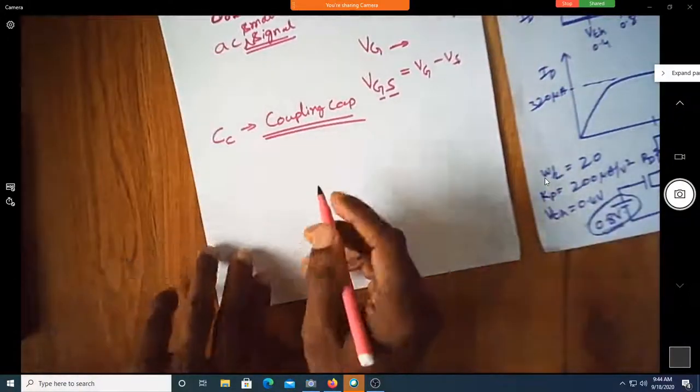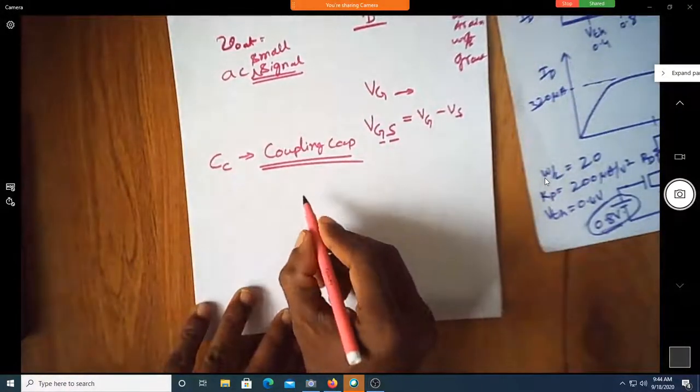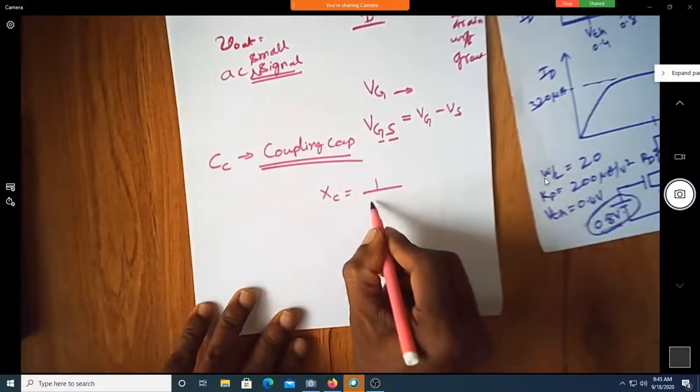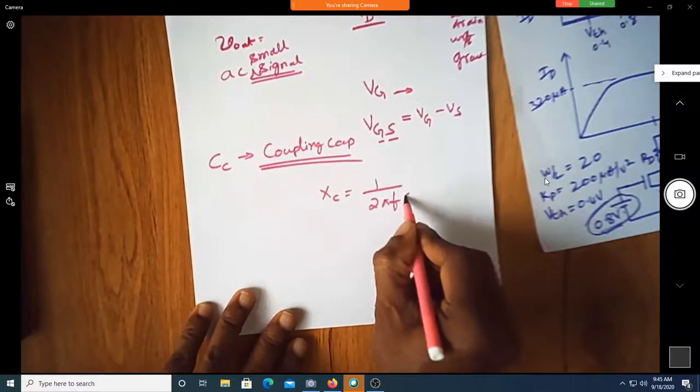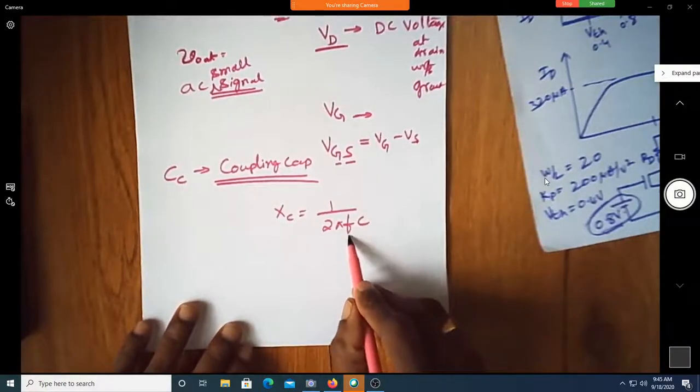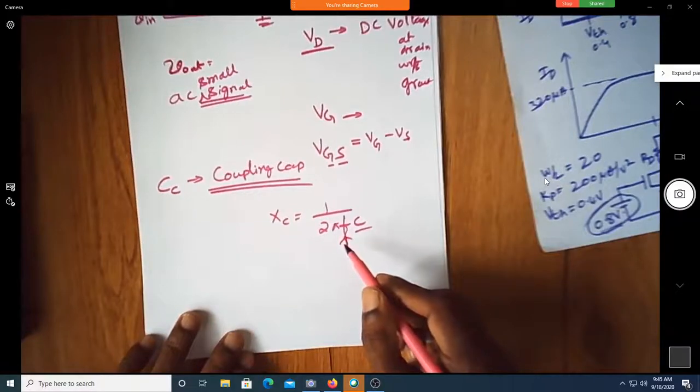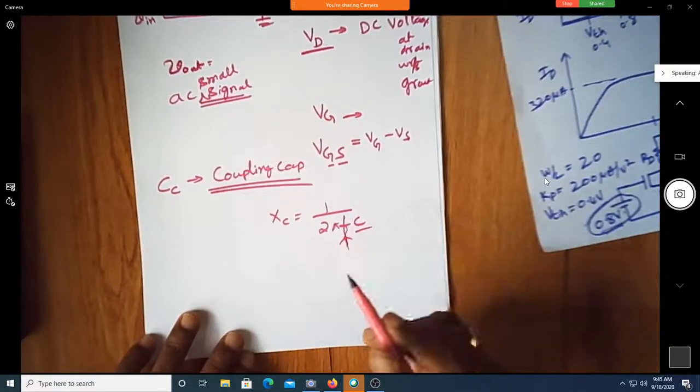Do you know the reactance offered by a capacitor? XC is 1 over 2 pi FC, where F is the frequency and C is the capacitance of the capacitor.